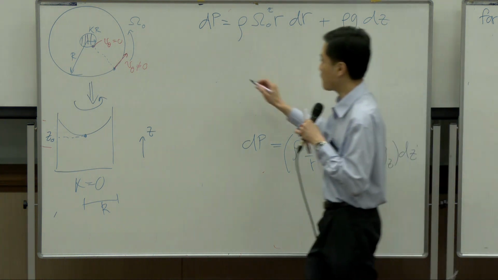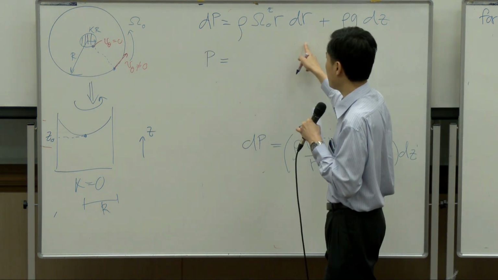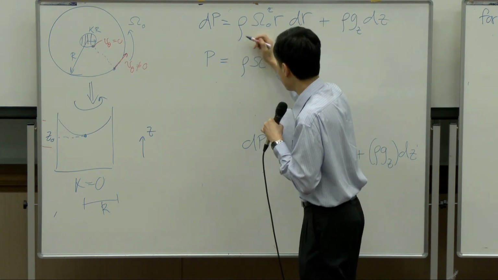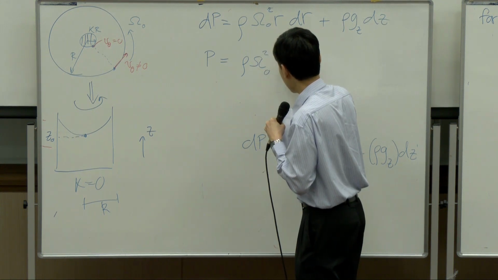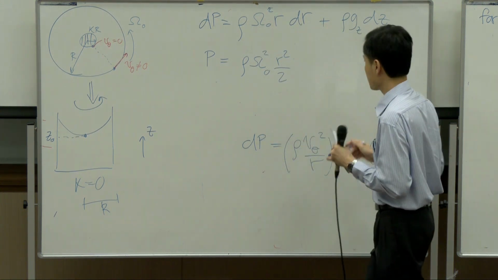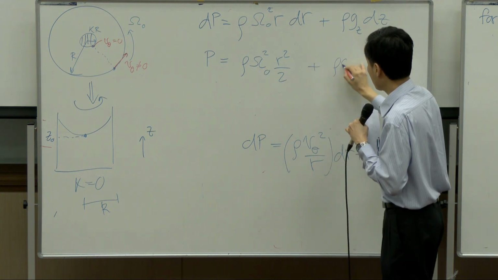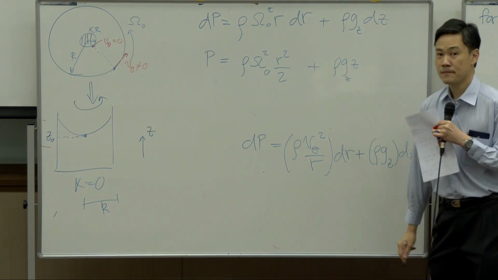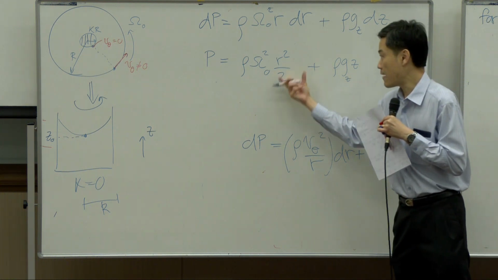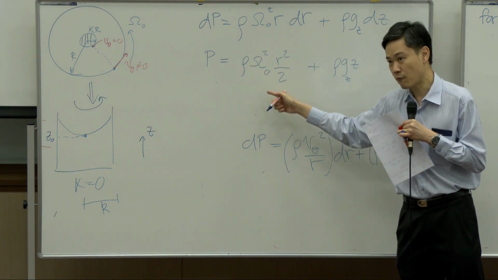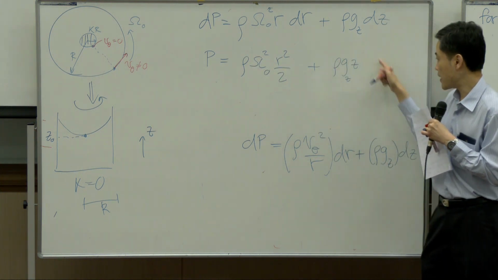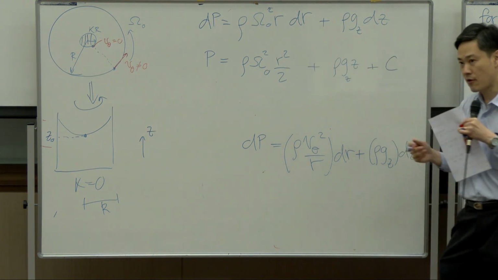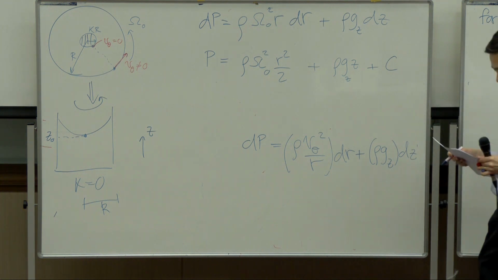Now I can integrate to find pressure, integrated with respect to r, assuming constant density and constant angular velocity, that would be r squared over 2. Integration of this side, you get rho g_z. After you integrate this part, you get one integration constant. When you integrate this part, you get another constant. These two constants can be combined into one single constant.